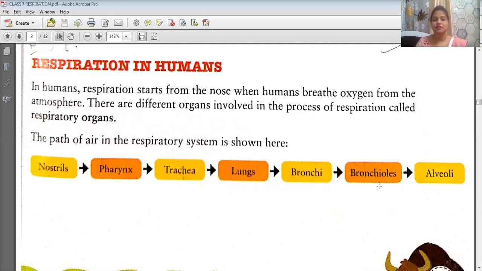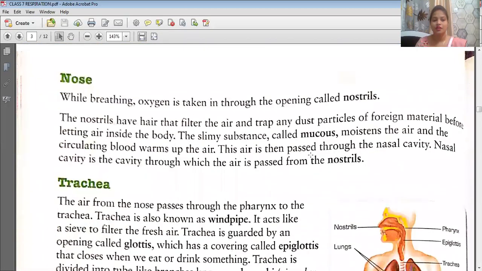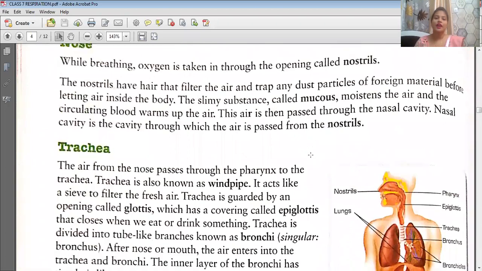So first is the nose. While breathing, we are taking in oxygen. The air enters our nose through the openings known as nostrils. There are two openings in our nose, the right side and the left side.